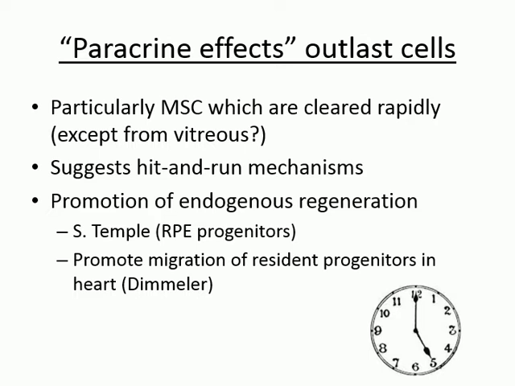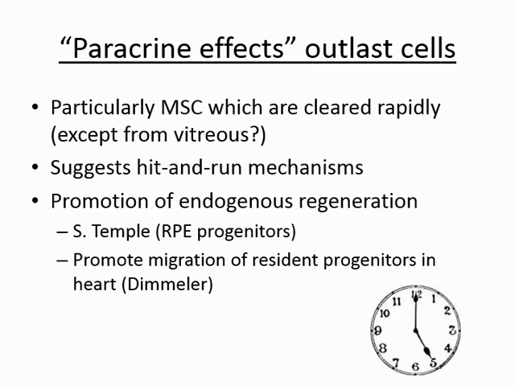Nonetheless, this temporal discrepancy between the long-lasting therapeutic effects and the residence time of the cells really suggests to me that there's a hit-and-run mechanism that we should be thinking about, or mechanisms. Sally Temple's paper, which is not yet available in its full form, in which she describes a new progenitor for retinal pigment epithelial cells, apparently suggests that they work after transplantation by promoting what's left of the endogenous regeneration mechanisms in the eye.